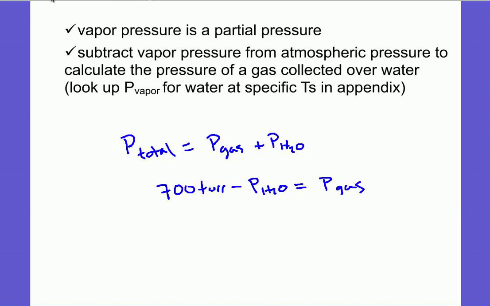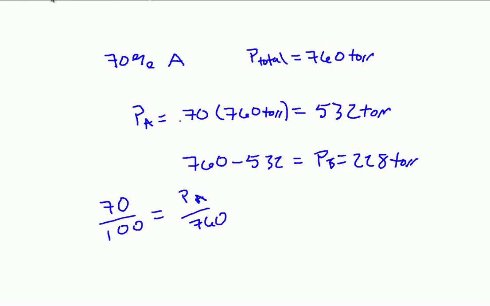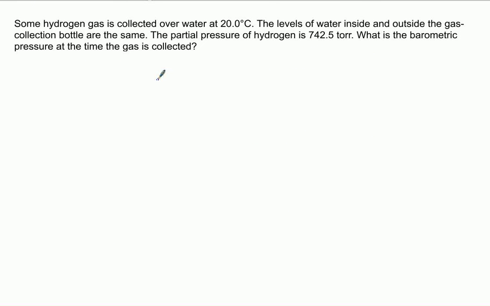So if I come back to this problem here, I know that the partial pressure for hydrogen is 742.5. I want to know what the total pressure of the gas is, because the total pressure of the gas would be the same as the barometric pressure outside of the system, because the water levels are the same, right?